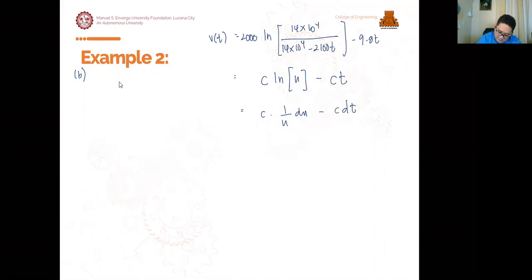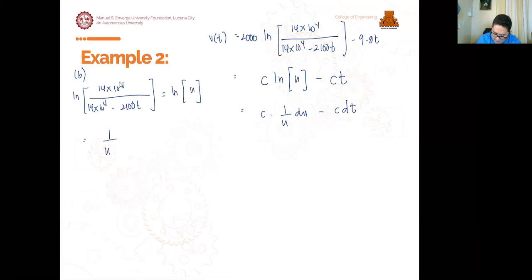Okay? So, let's focus first on the natural logarithm. Let's represent what is inside the ln, 14 times 10 to the fourth minus 2,100t, as u. So our derivative will be 1 over u times du. Okay?